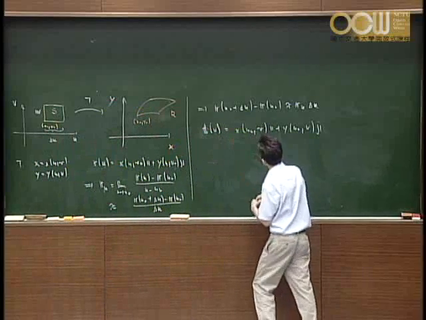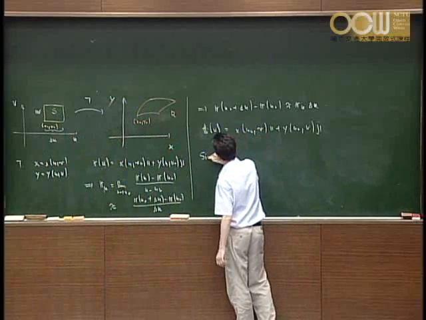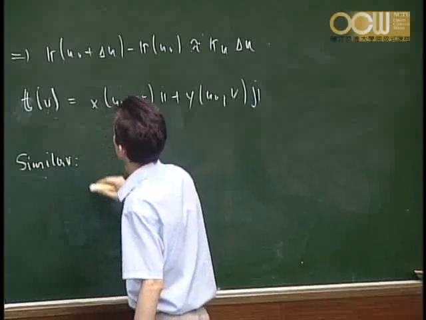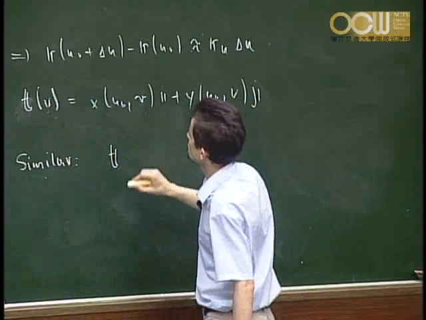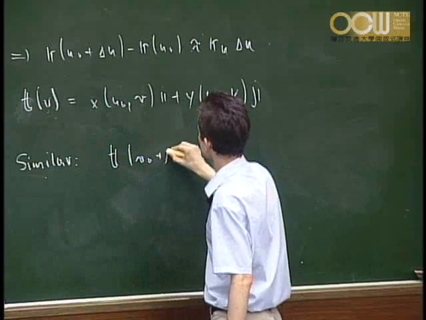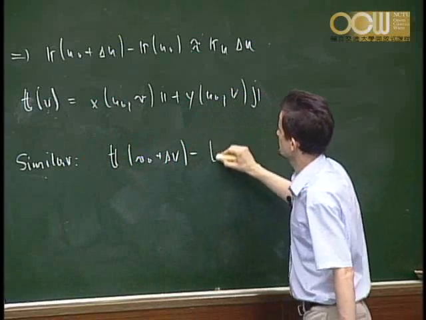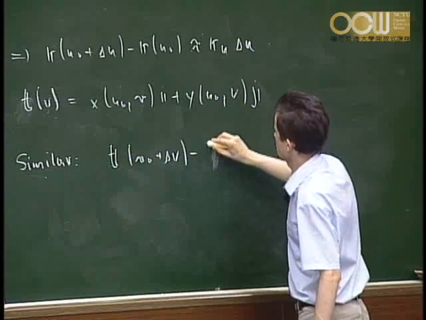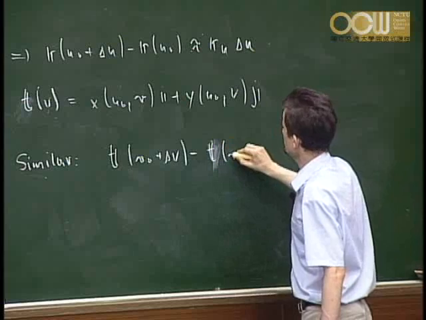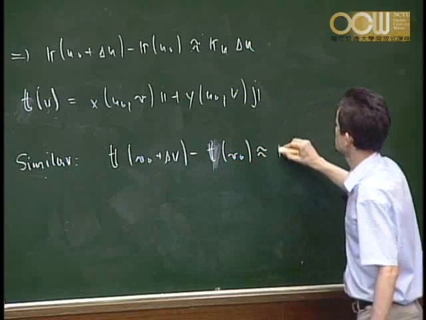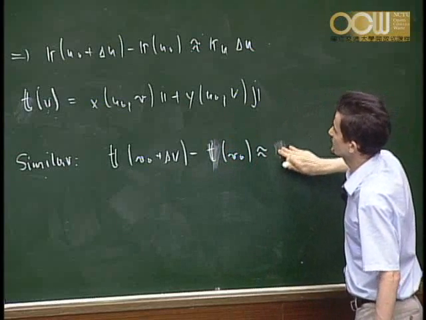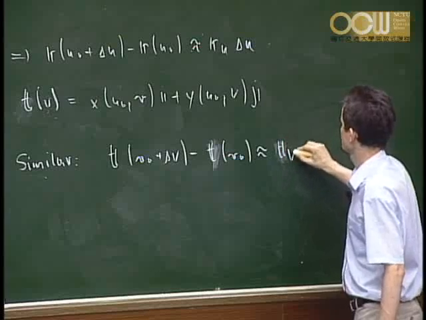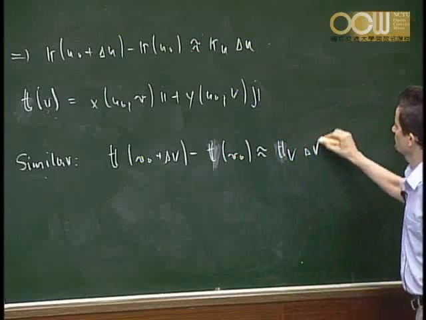Similarly, you will easily figure out that T of V0 plus delta V minus T of V0 is roughly the derivative of T with respect to V times delta V.